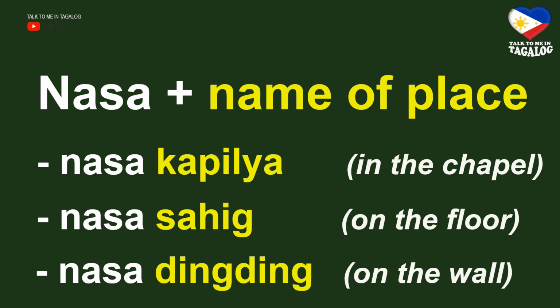Nasa kapilya, meaning in the chapel, or nasa sahig, on the floor. Nasa dingding, on the wall. You may also use it with specific places like nasa Australia, meaning in Australia, or nasa Tokyo, nasa Manila, in Tokyo or Manila.